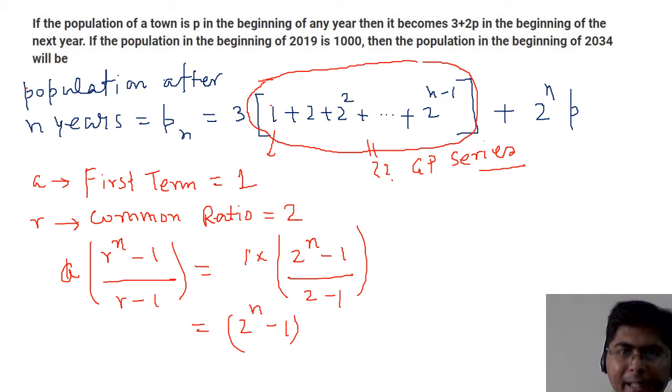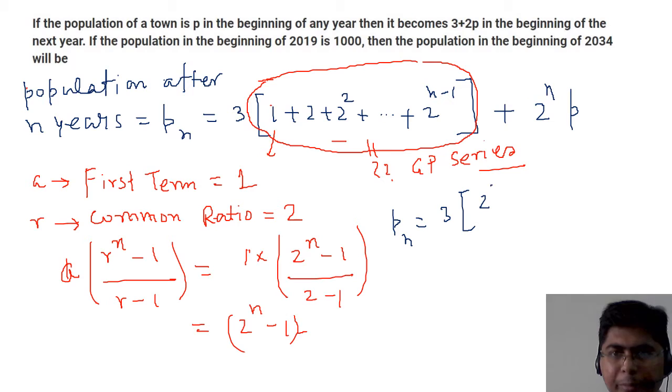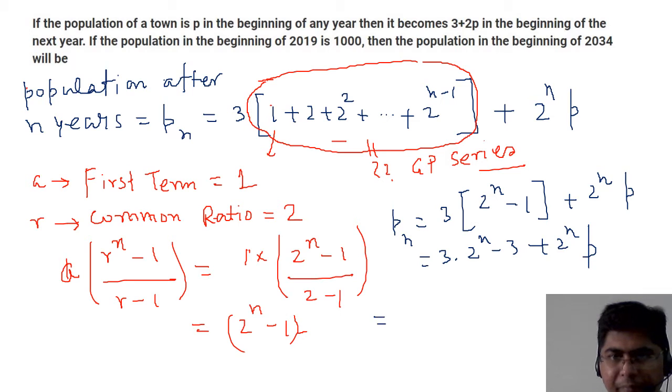Okay. So can I replace the summation value by this term? So we are getting Pn is equal to 3 times 2 to the power n minus 1 plus 2 to the power n multiplied by P. Just rearranging this: 2 to the power n times 3, minus 3, plus 2 to the power n P. See, look at 2 to the power n and 2 to the power n.